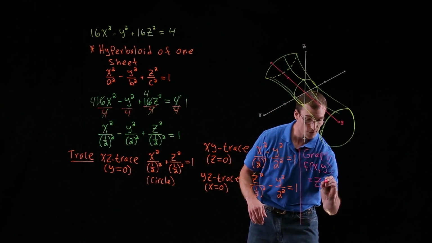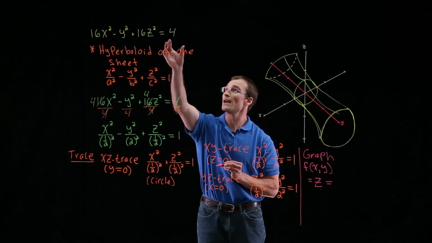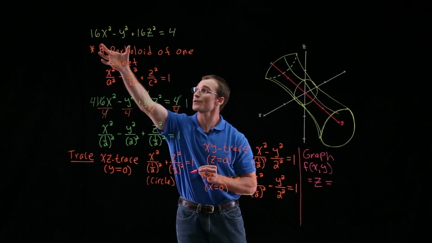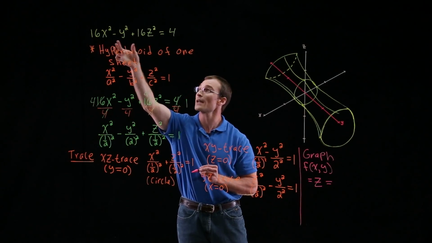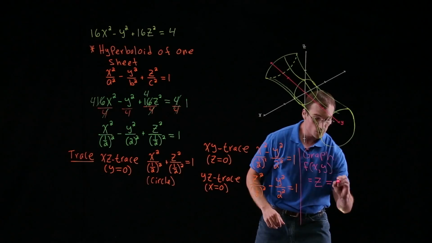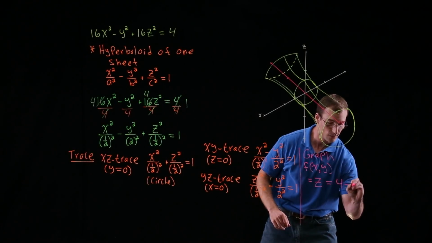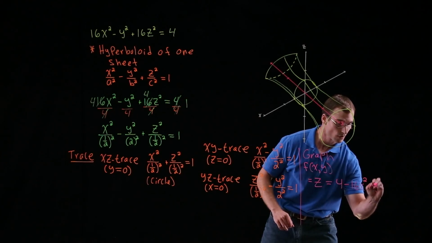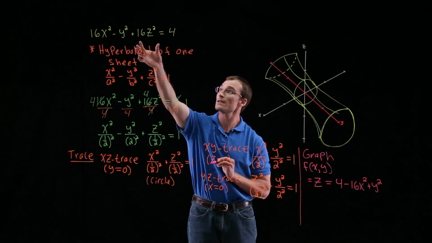So in solving this for z, let's just take a look at this. So first we have everything equal to 4. So if we want to get z by itself, we'll subtract 16x squared and add y squared. So we'll have originally 4, then minus 16x squared plus y squared, leaving us with 16z squared.